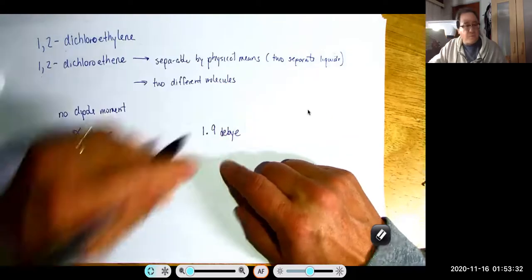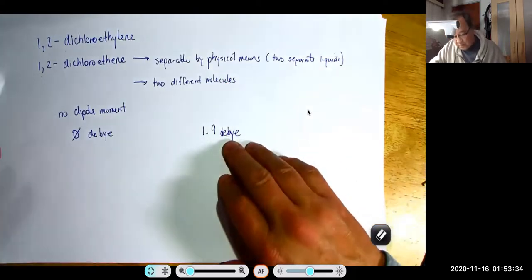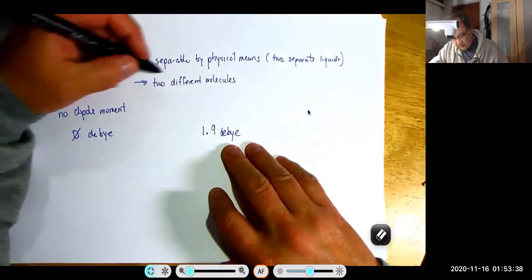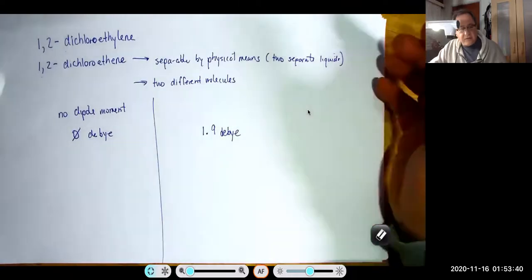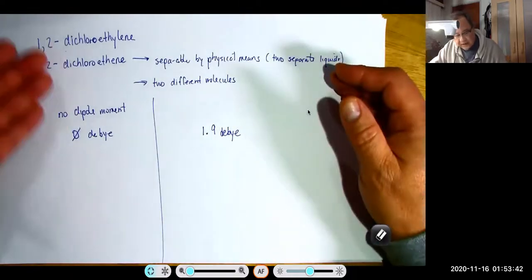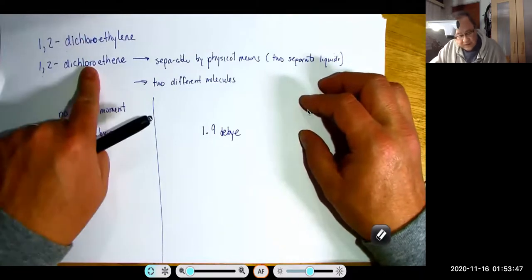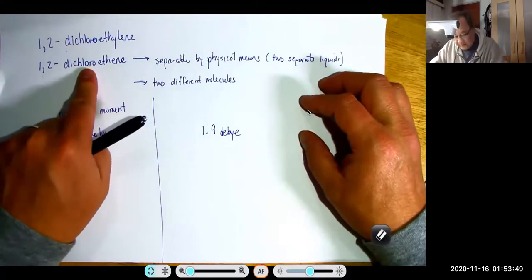The other one I think was 1.7. This one has a bigger dipole moment. What's going on here? How can you have a molecule like this that has no dipole, and then the same formula, it does have a dipole?